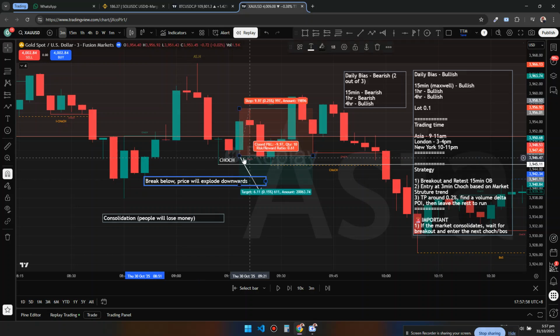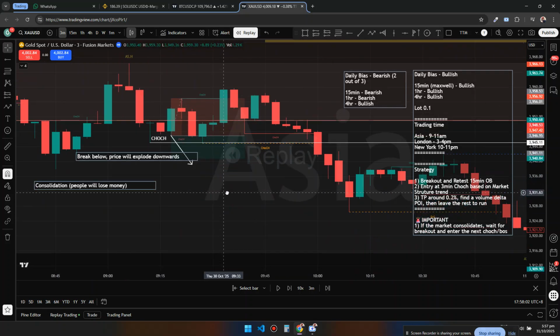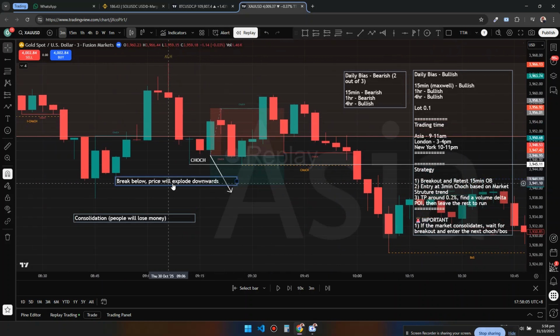So once price breaks below this white line, price will explode downwards. So this is something I learned yesterday.